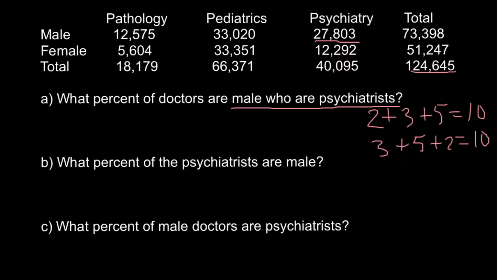So how to find what proportion of the doctors are male psychiatrists? We have to divide 27,803, the number of male psychiatrists, by the total number of doctors, that is 124,645.